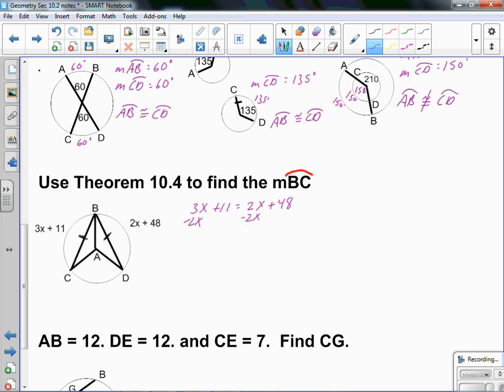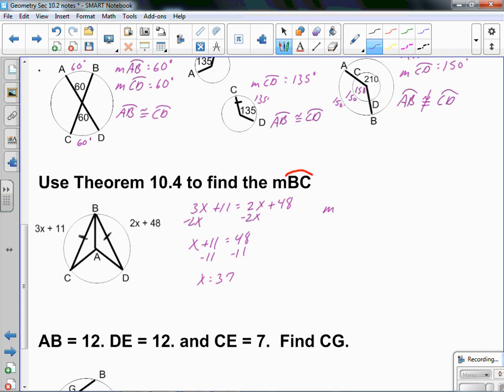Subtract 2x. X plus 11 equals 48. Subtract 11 from both sides. So our x value is 37.